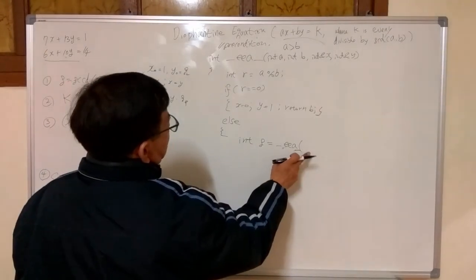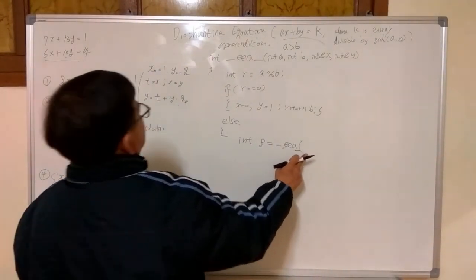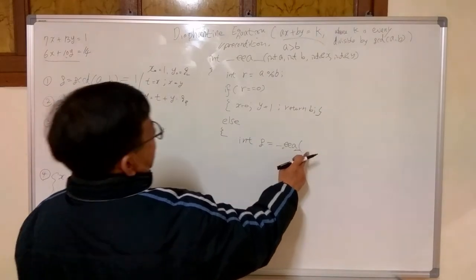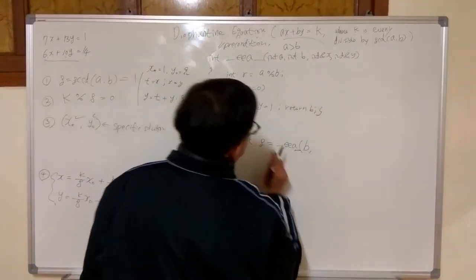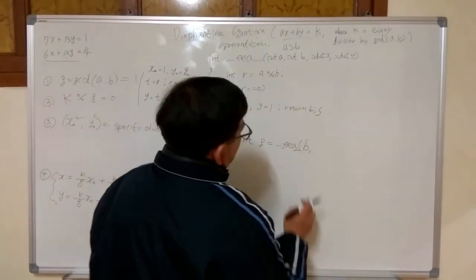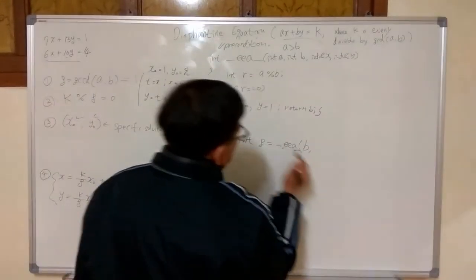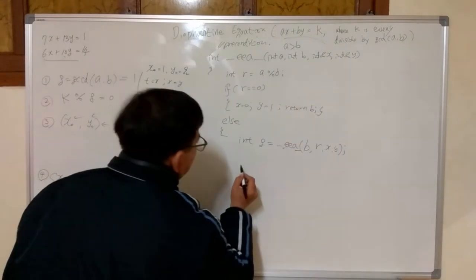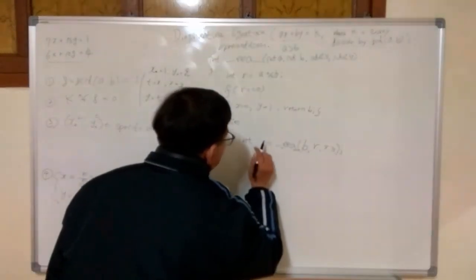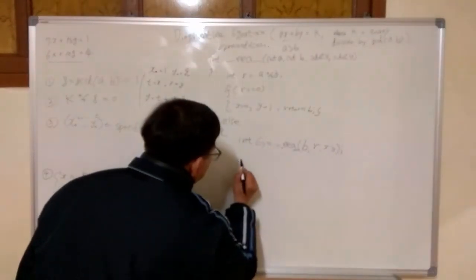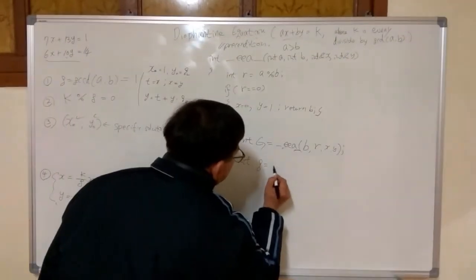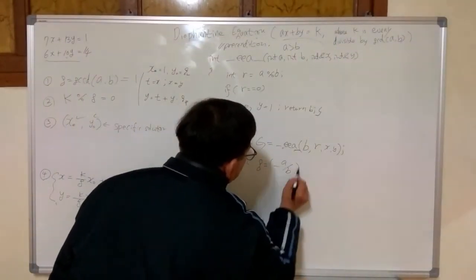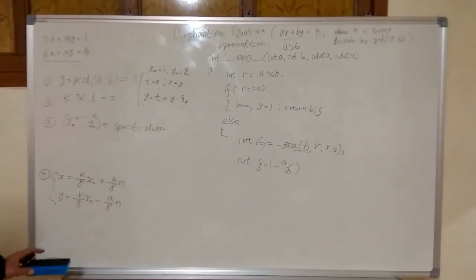This is next: A should be the previous B, as I explained a moment ago, and this should be R and X, Y. Here we compute, I will let it be G, uppercase G, int Q should be minus A over B. I explained this before.